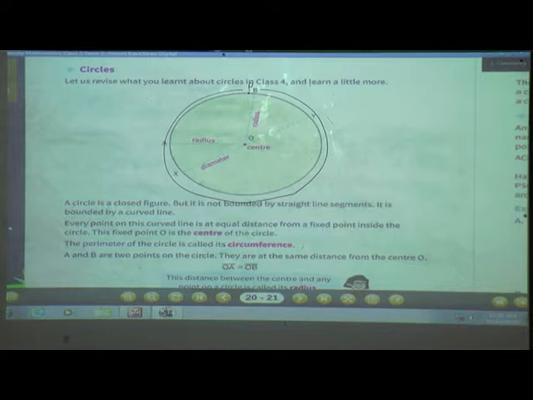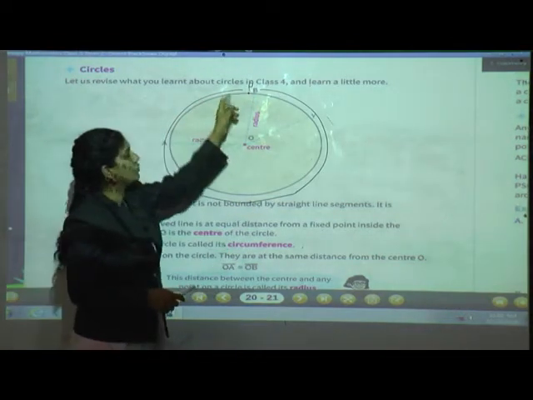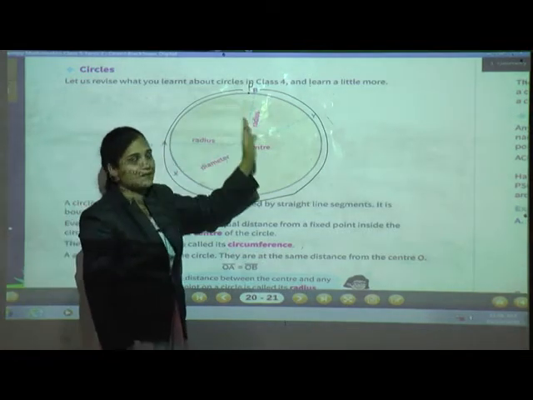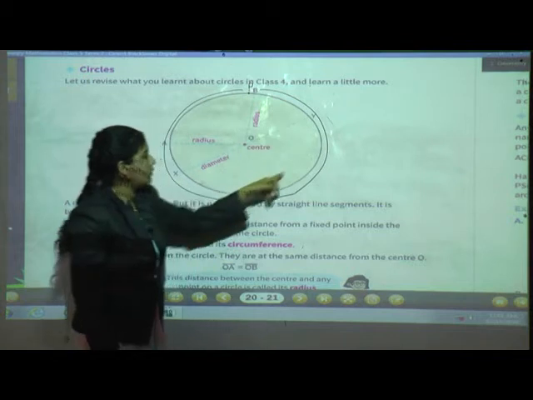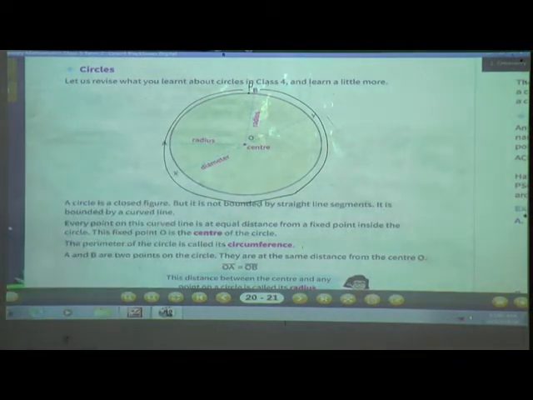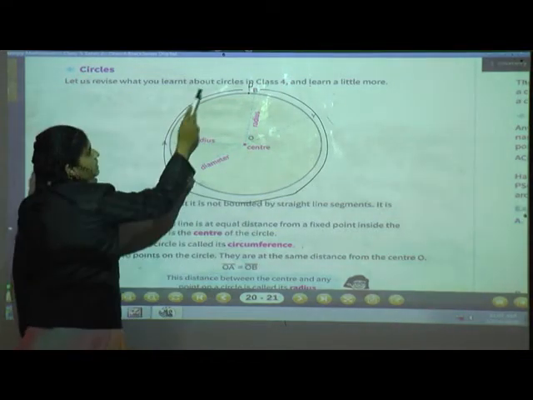Yes students, P has covered the distance equal to the boundary of the circle, and this is known as the circumference.